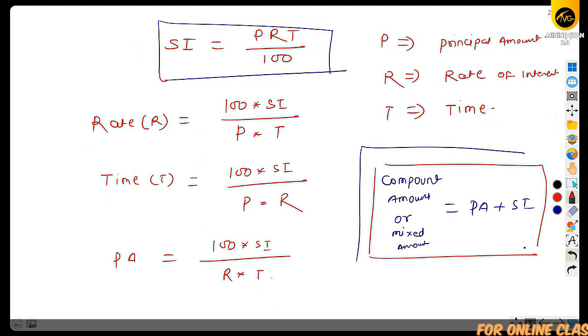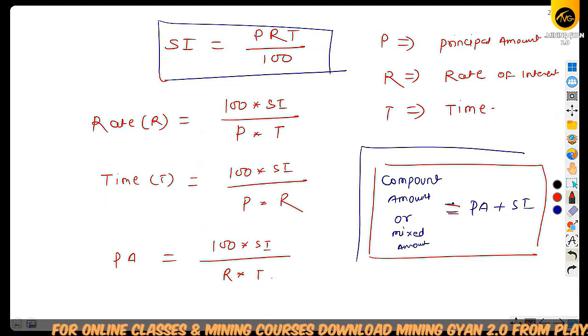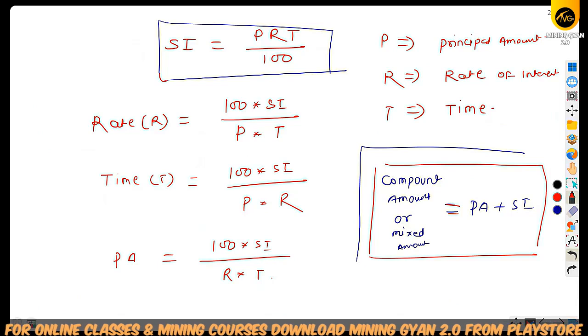This is the formula to find the compound amount or mixed amount. You can say the final amount. So compound amount, mixed amount, final amount is the same: principal amount plus simple interest.